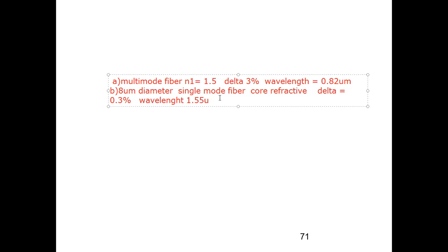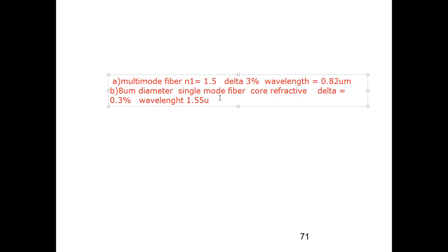Again, I am reading out, I finished typing. Two step index fibers exhibit the following parameters. The first case is a multimode fiber with a core refractive index of 1.5 and a relative refractive index difference of 3%, operating at a wavelength of 0.82 micrometer.